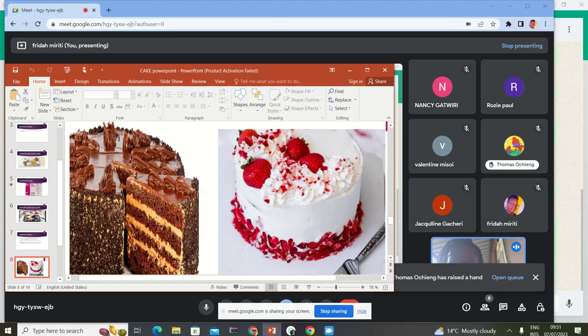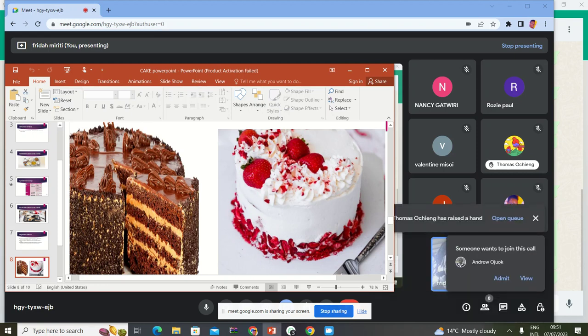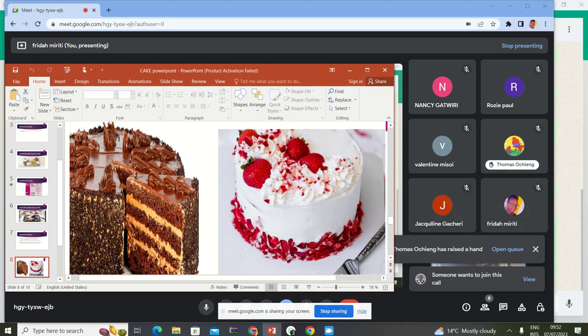Okay, anyone who has a question about that? Who has a question? Okay, if there is no question, we can now move to cake. We have two different types of cakes here. We have the chocolate cake.